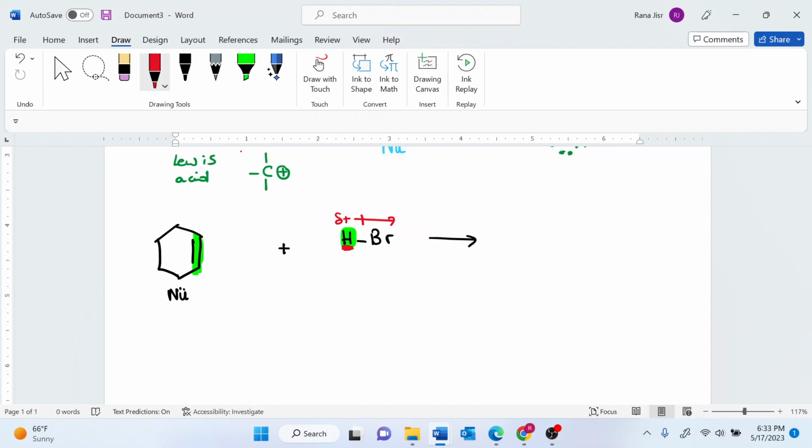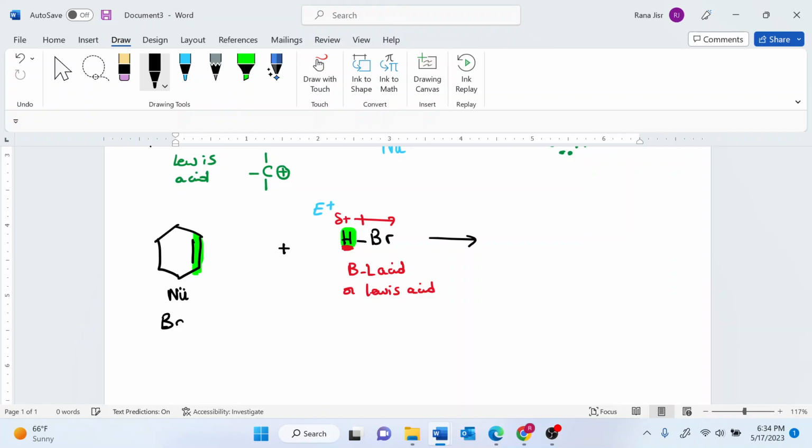So this hydrogen here follows the definition of Bronsted-Lowry acid or Lewis acid. It is a Lewis acid because it is electron deficient, and it is a Bronsted-Lowry acid because this acid starts with a hydrogen.